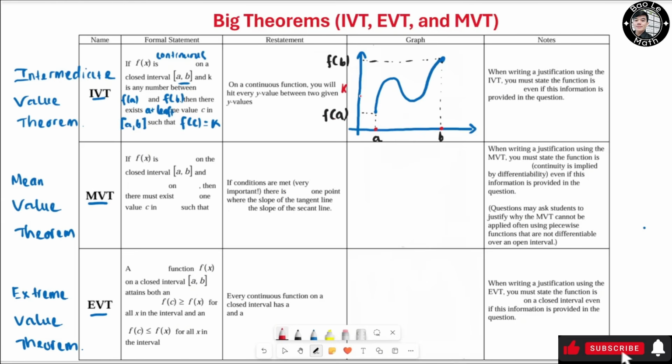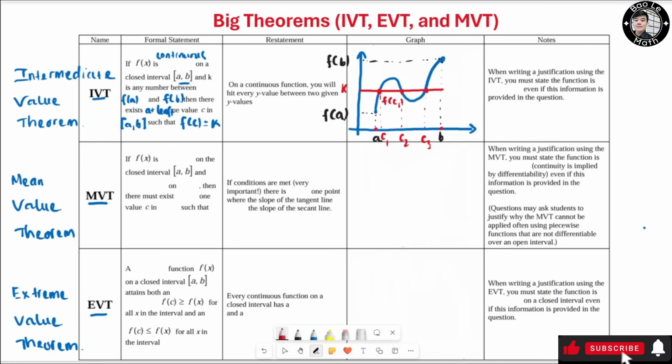So you have at least one value c such that f of c equals k. So I have the first value right here, f of c1. This is c2, so this is f of c2. This is c3, so this is f of c3.